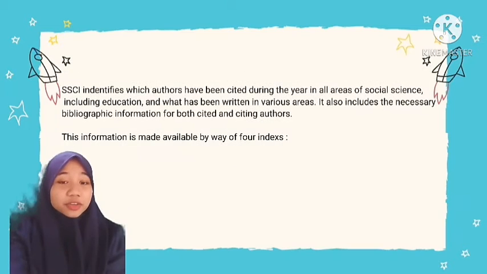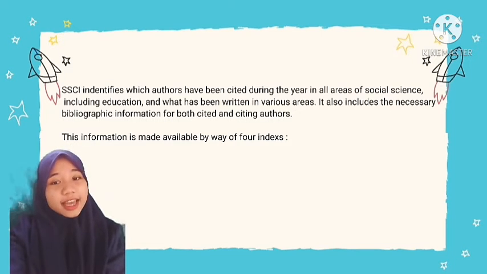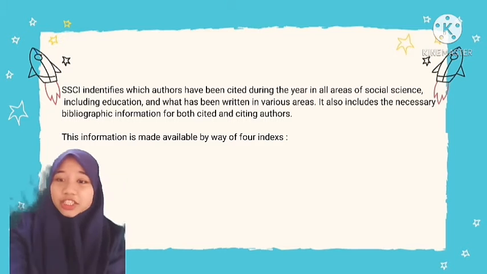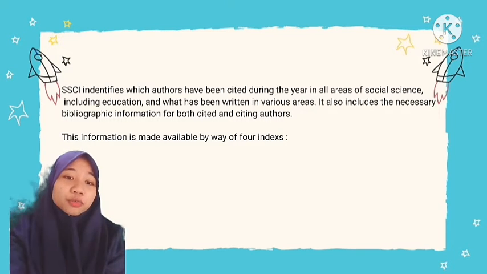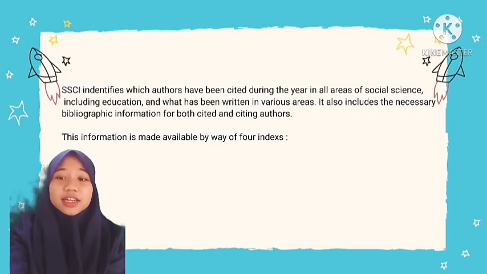SSCI identifies which authors have been cited during the year in all areas of social science, including education, and what has been written in various areas. It also includes the necessary bibliographic information for both cited and citing author.